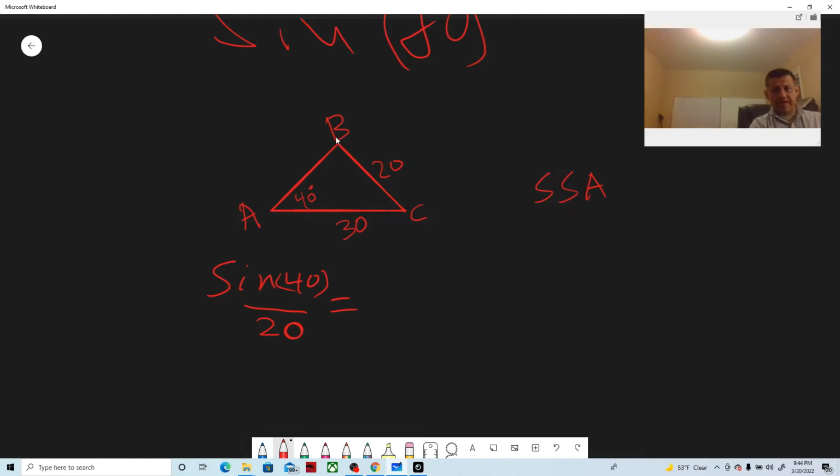Well, the angle A is given, and the side opposite of A is given, but the side opposite of C is not given.